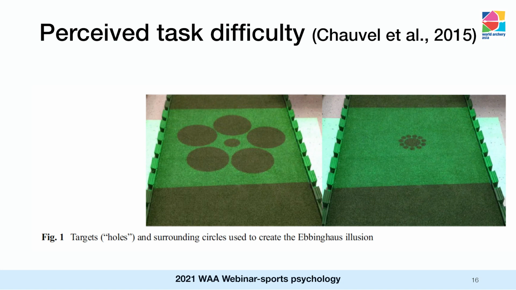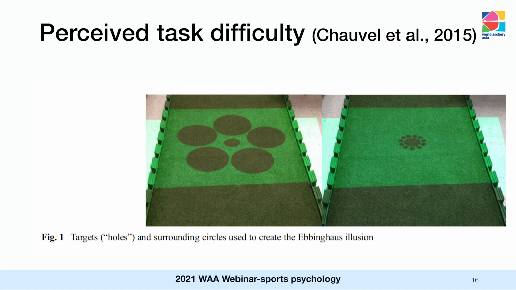On the left side, the surrounding circles were bigger, so the middle one is perceived smaller. Whereas on the right side, the surrounding circles are smaller, so the middle one is perceived bigger.